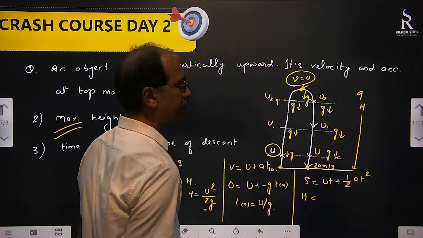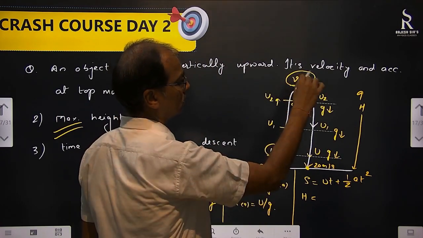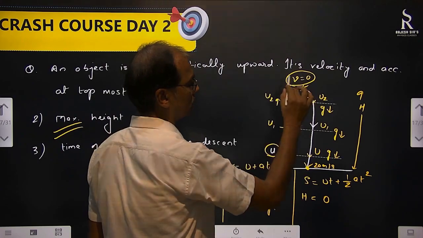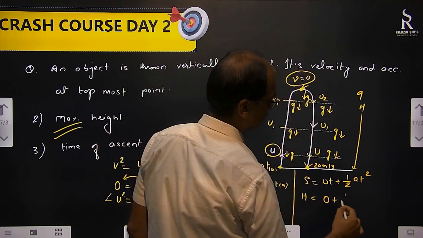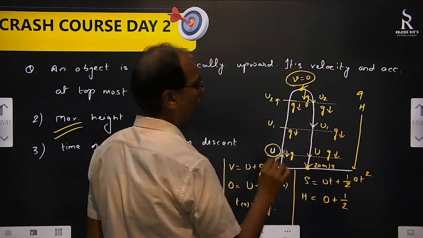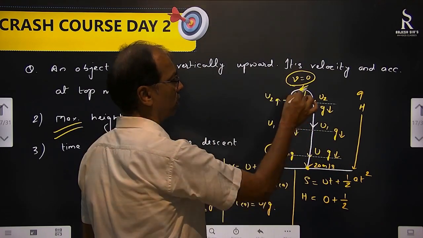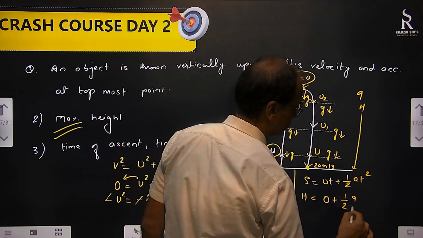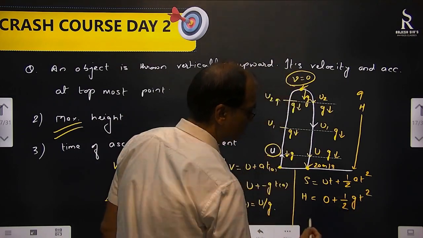For downward motion, initial velocity 0 plus 1 by 2. Now, are acceleration and velocity in the same direction? Yes. Velocity is also downwards now, acceleration also downwards. So plus, into t square. So what are we getting?